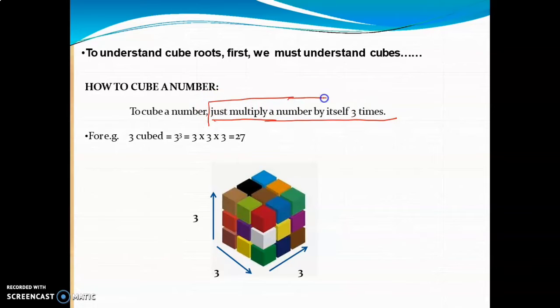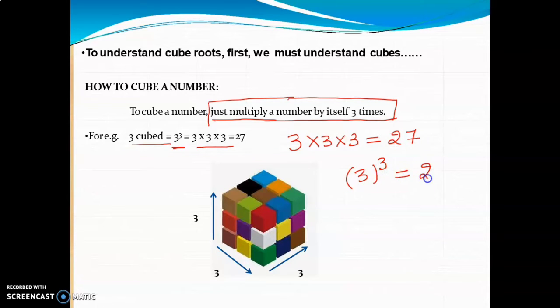For example, the cube of 3 means you multiply 3 by itself 3 times, and as an answer you will get 27. That means the cube of 3 is 27.